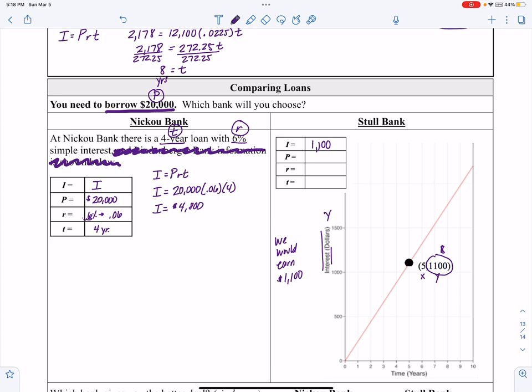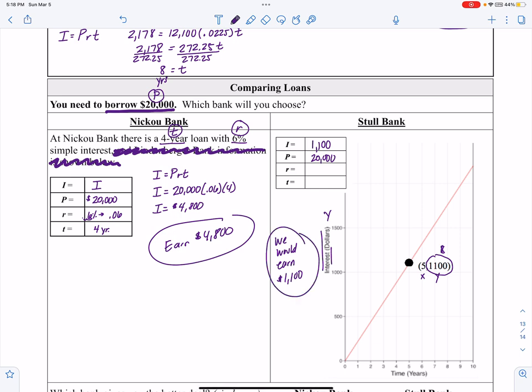We actually don't really need to do much else because we already know that we're depositing the same amount. We don't know what the rate is at the Stahl Bank or the time really, but all I know is at the Nuku Bank, I'm going to earn $4,800. And at the Stahl Bank, I'm only earning $1,100.